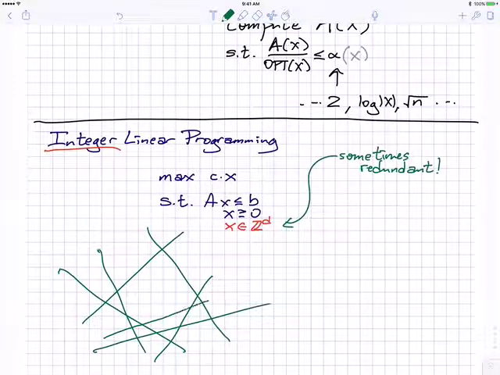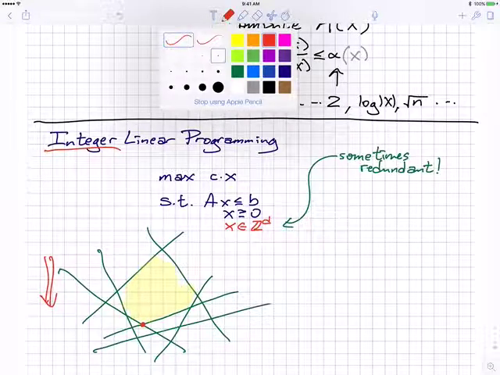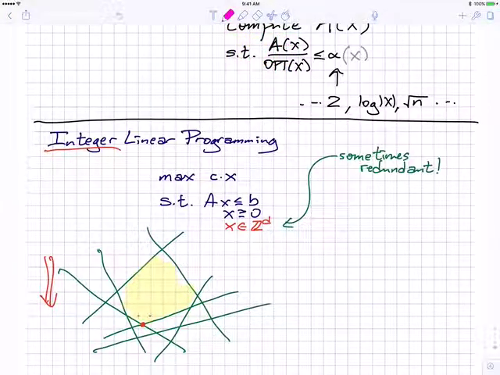And in this case, if I were looking for, say, the lowest point inside this polygon, then the point that I would look for is this one down here. But if I'm restricted to looking at the integer points, namely these things that I'm pointing out here in pink, then the best one I can get is, say, this one.